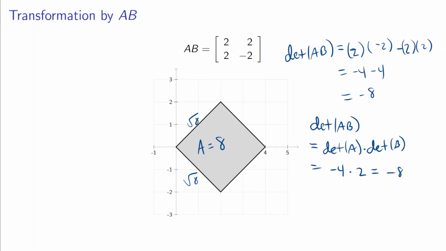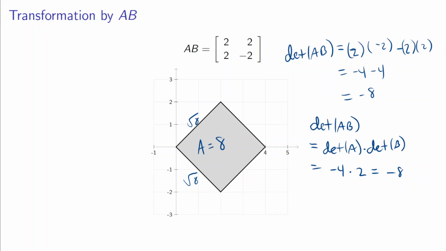Hopefully here you can start to see why that happens when we think geometrically, understanding that the determinant is scaling regions in R2. When we multiply two matrices together, their matrix transformations, the determinant is ultimately saying, first we scale by this amount, then this amount.